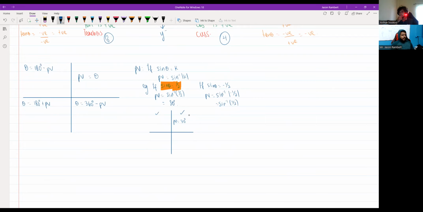In quadrant 1, theta is my principal value, which is 30 degrees. In quadrant 2, theta is 180 degrees take away the principal value, which is 180 take away 30, equal to 150 degrees.